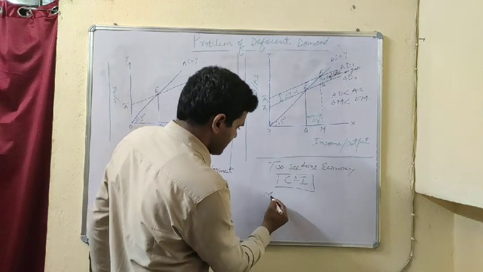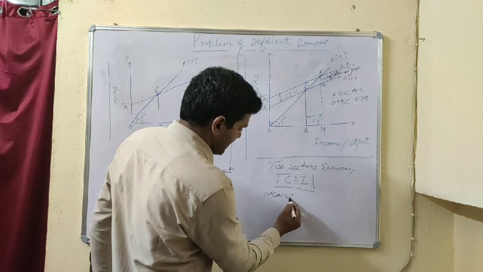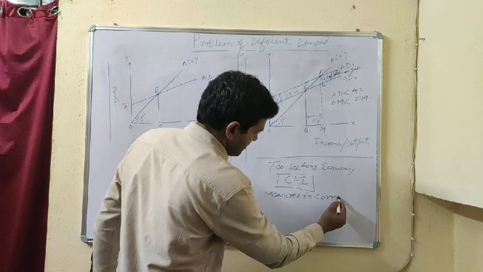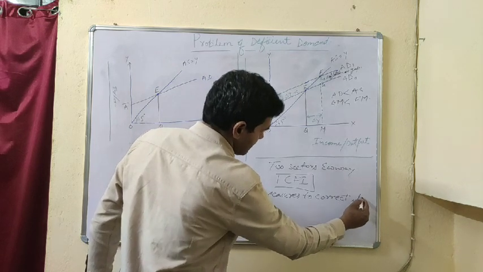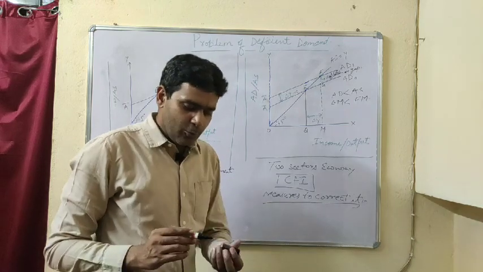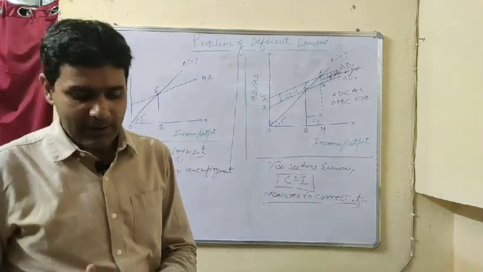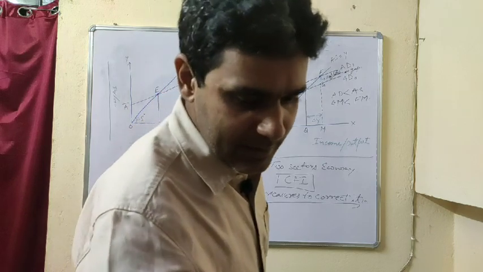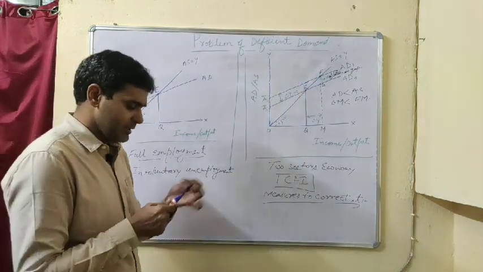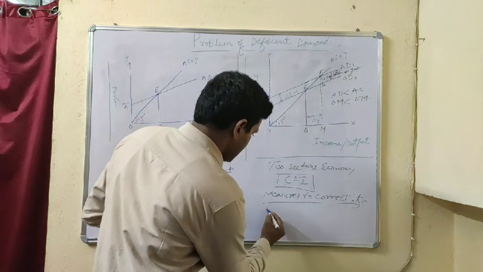Measures to correct it. There are two policy instruments by which we can correct the situation of deficient demand. First is fiscal measures.